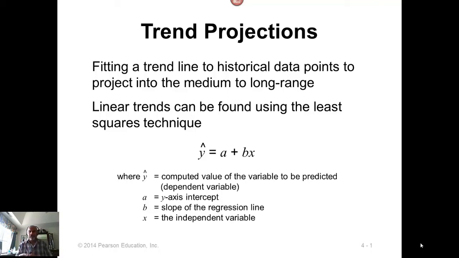Then for the future, if you want to project a trend forecast, then you determine what the t value will be for that future time period and insert that t value into this prediction equation, and y hat here stands for the predicted value or the forecast.